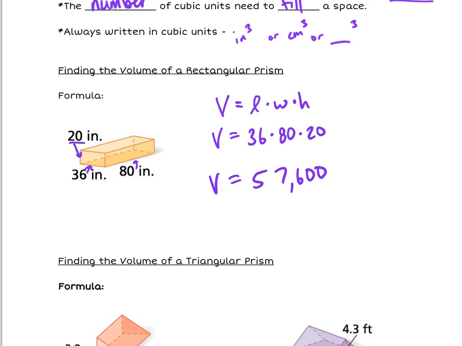We would put inches as our unit, and then the cubed to represent volume. So rectangular prisms are length times width times height.